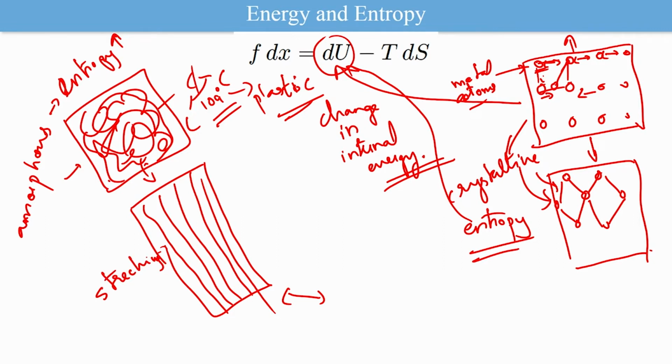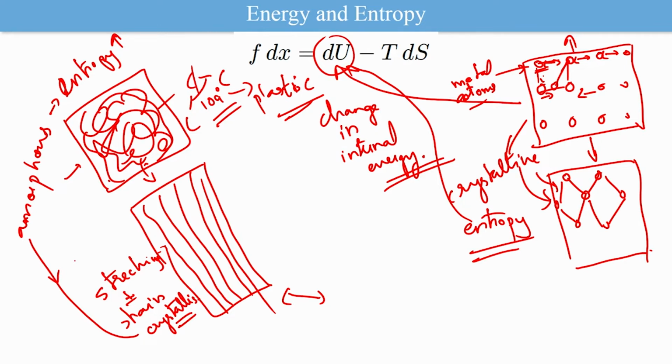So, basically, the stretching causes strain crystallization. When it becomes crystalline from an amorphous state, basically the entropy reduces. Okay.